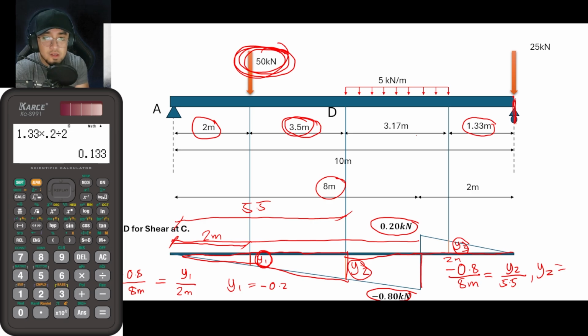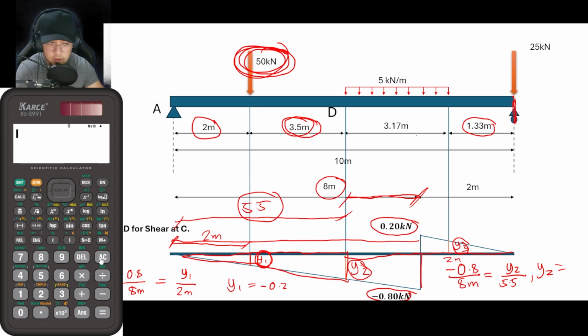So this dimension here is equal to, if this is 5.5, this here is 8 minus 5.5. So this distance here is equal to 2.5. Okay, so this is 2.5. Since this is 8 meters from this point to this point, then this is 3.5, this is 2.